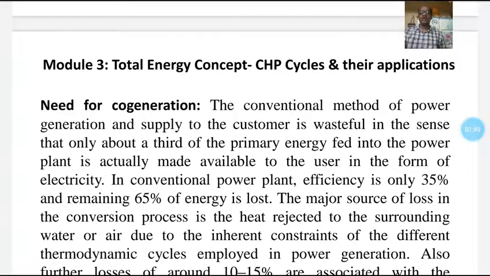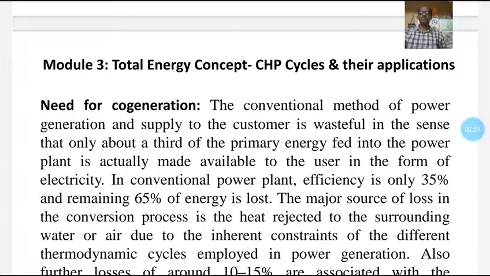From the thermodynamics point of view, given the limitations of the thermodynamic cycle, if we put in 100% fuel input, merely 30 to 35% energy can be successfully converted into high grade energy, and the remaining 65 to 70% energy is lost.